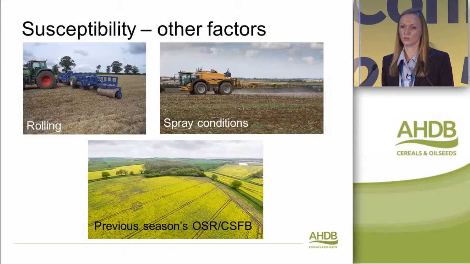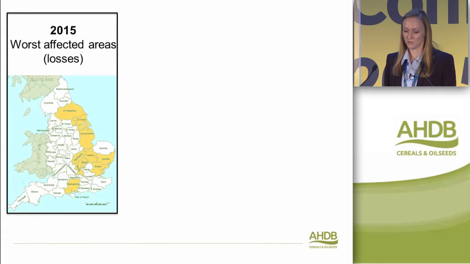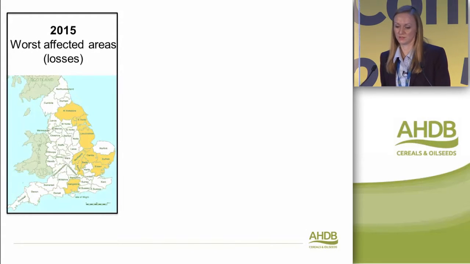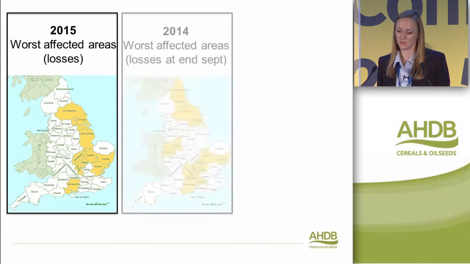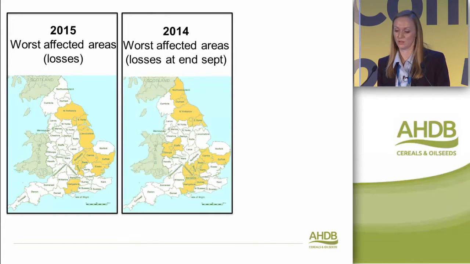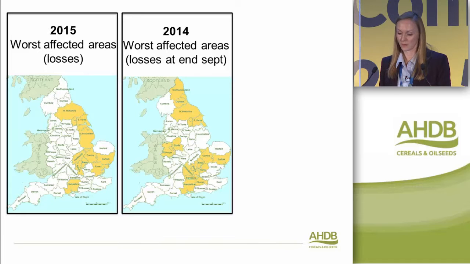If we look at what we've learned from the last few years then, in terms of the areas first, so this is the worst affected areas we identified from this year. And then if we look back at what we had last year, so this is where the different counties which experienced losses last year from those ADAS assessments, with the worst being in the east.